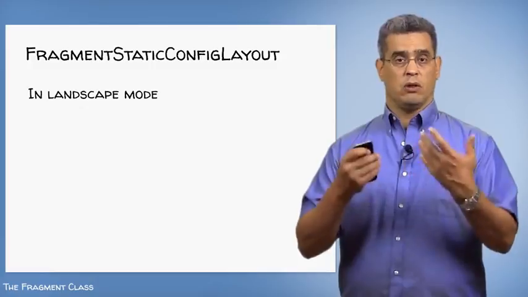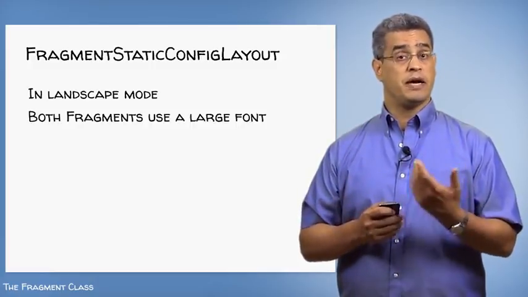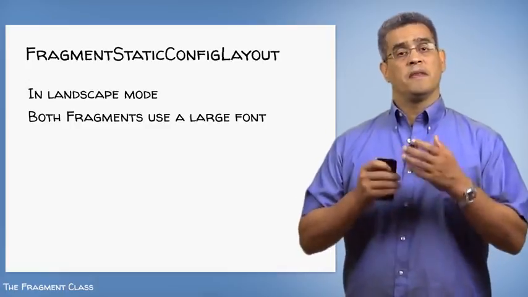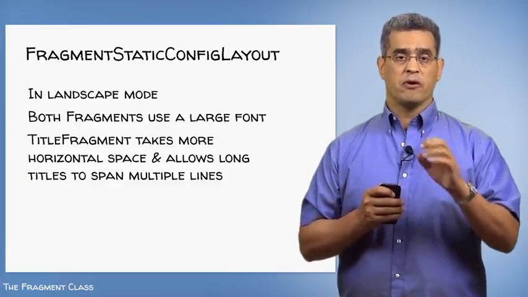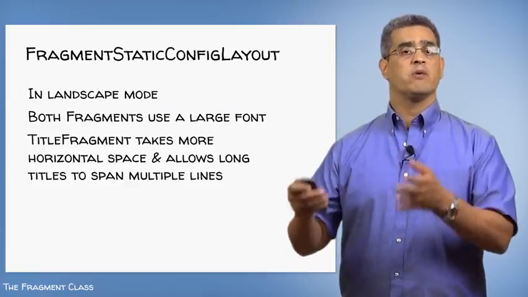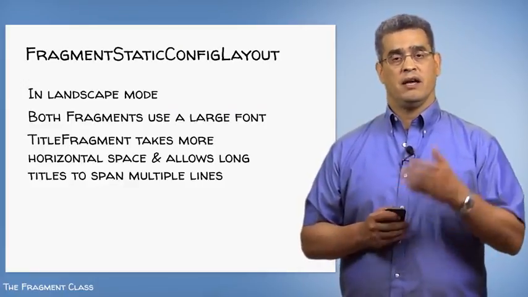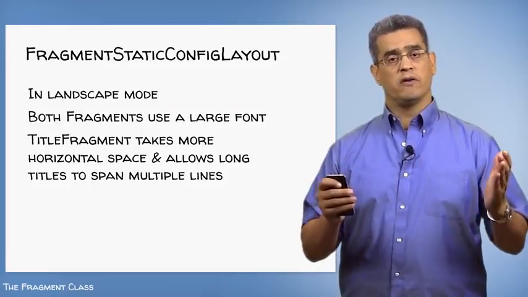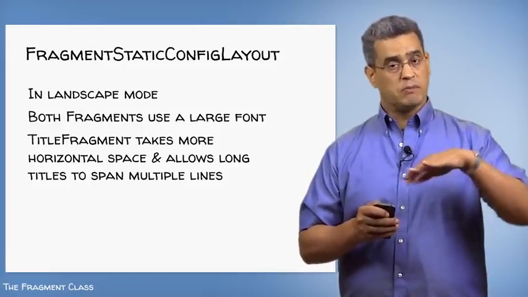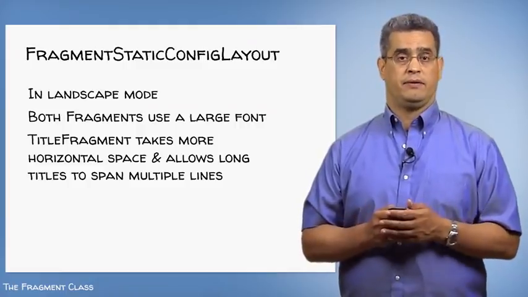Both fragments use a large font of size 32 SP, or scale-independent pixels. The title fragment takes about 1/3 of the horizontal space, while the quote fragment takes the remaining 2/3 of the space. And if a title is too long to fit on a single line in the title fragment, that text will simply wrap around to a second line.